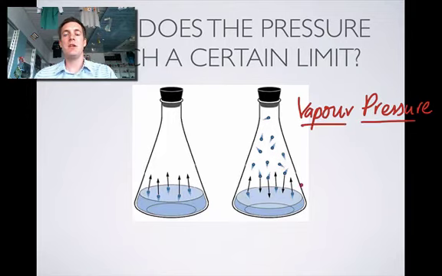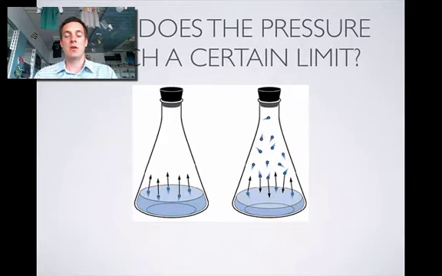This vapor pressure depends on the temperature and the nature of the liquid, because the forces between particles will play a role, so the nature of the liquid is important, and how much energy the particles have, in other words how many can evaporate, will also play a role here. So the temperature is going to be important. We call this pressure above the liquid its vapor pressure, and it depends on the temperature and the liquid itself.